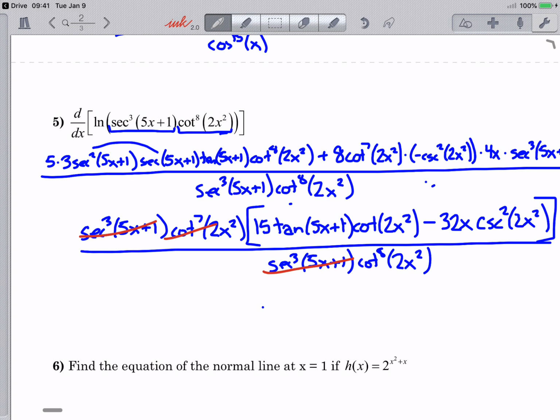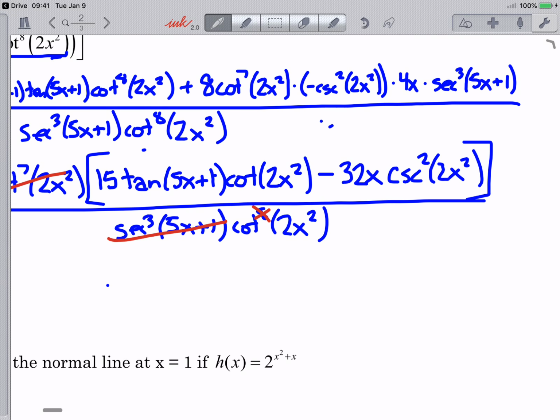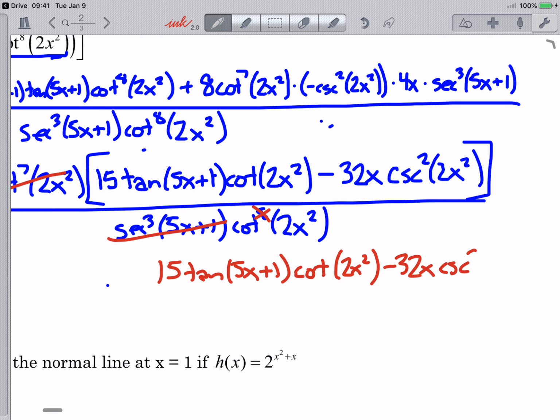And with cotangent to the 7th, I can just get rid of all but one of them. And there's your final answer, more or less. 15 tangent of 5x plus 1 times cotangent of 2x squared minus 32x cosecant squared of 2x squared all over cotangent of 2x squared.